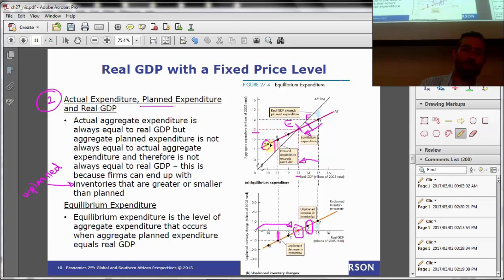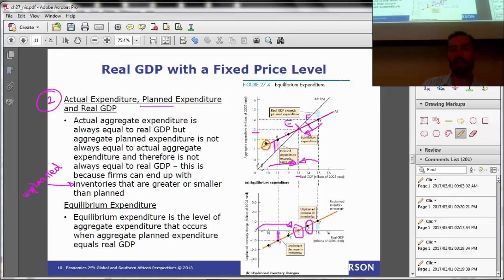Alternatively, if we are at, for example, point A, what is happening? We are spending more than what we are producing. Firms are having an unplanned decrease in inventories. In other words, their inventories are decreasing faster than what they expected. What do they do in response? They start producing more. As they produce more, output increases.